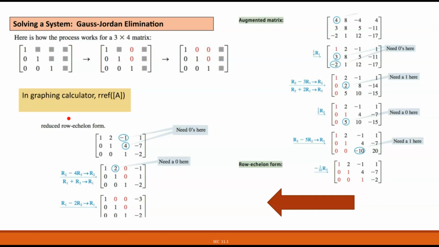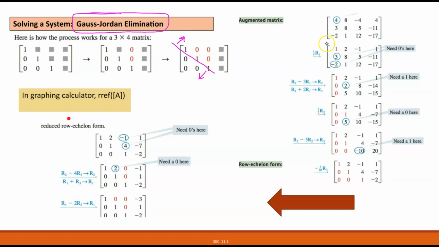Now we have what's called the Gauss-Jordan elimination method, Gauss-Jordan. Not only do we want those ones on the diagonal and zeros below, we also want zeros above. That's the Jordan part. So Gaussian elimination, Gauss-Jordan, we're going to also work on those zeros above.